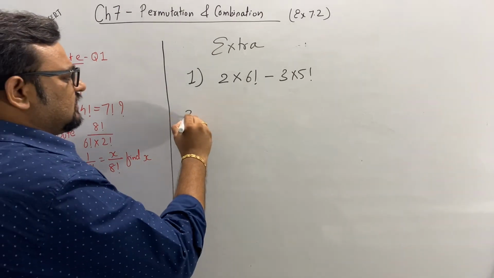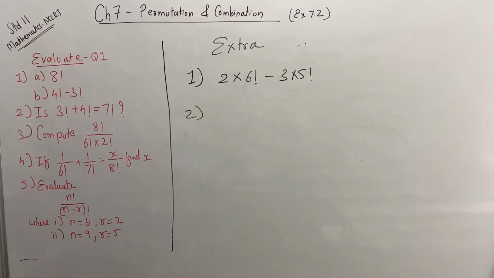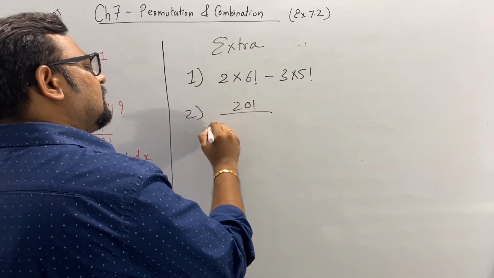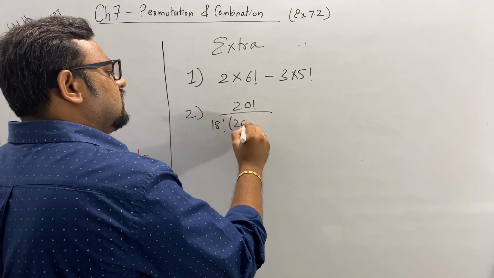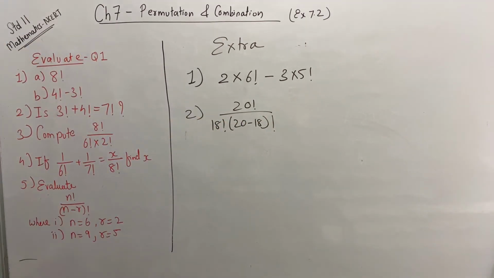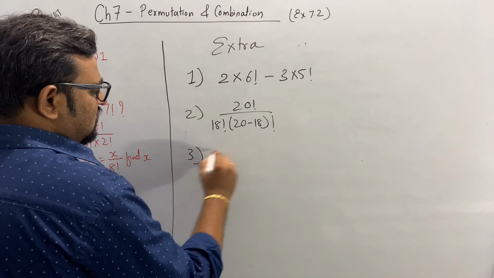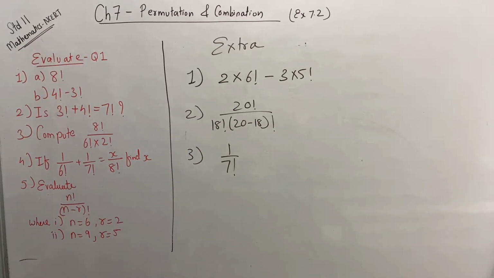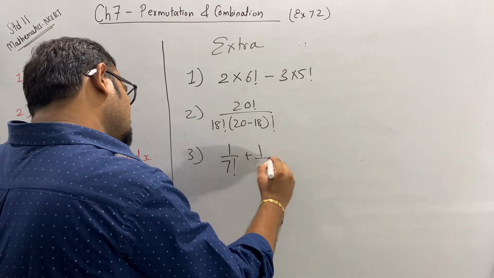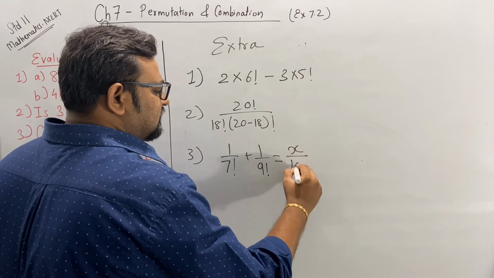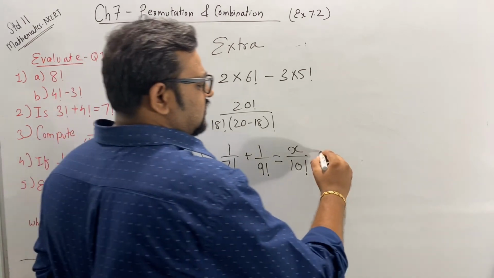Okay, the second question: 20 factorial upon 18 factorial into 20 minus 18 factorial. Clear? Next, 1 by 7 factorial plus 1 by 9 factorial equal to x by 10 factorial.